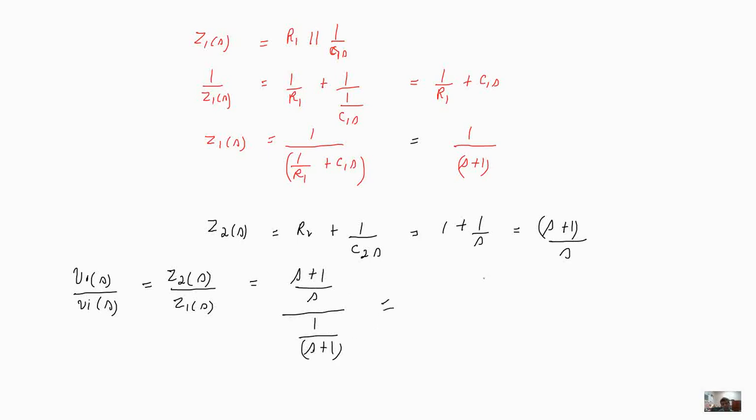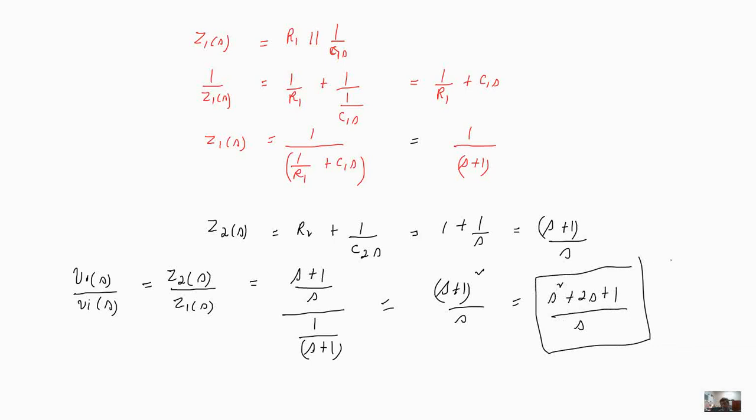Just flip this over. This is going to be s plus 1 whole square divided by s. And here you go, so you have the answer. s squared plus 2s plus 1 divided by s. That is the answer to that problem to find the transfer function of the given circuit. Transfer function.